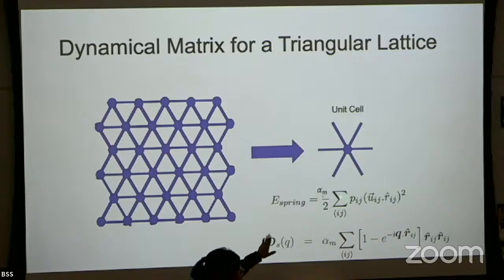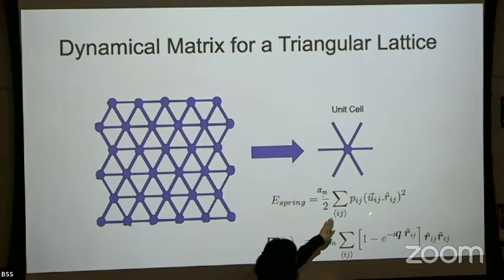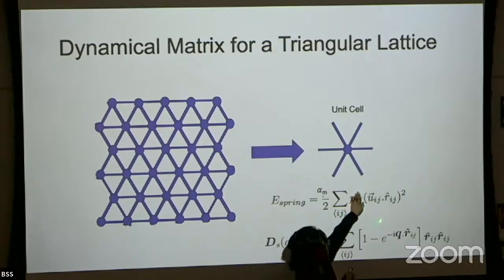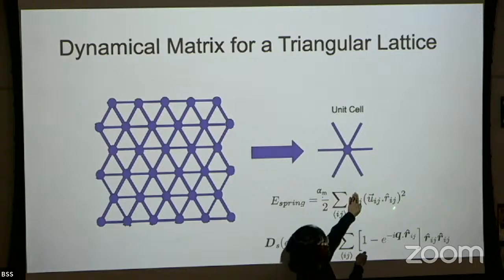So no, this is the energy. This is what the energy looks like. When you calculate the dynamical matrix, you don't really worry about the Pij. You are just taking a derivative of this thing twice with respect to Uij, which is why you end up with an Rij thing here. If I were writing this in real space, not doing a Fourier transform, then the components of the dynamical matrix would just be Rij.